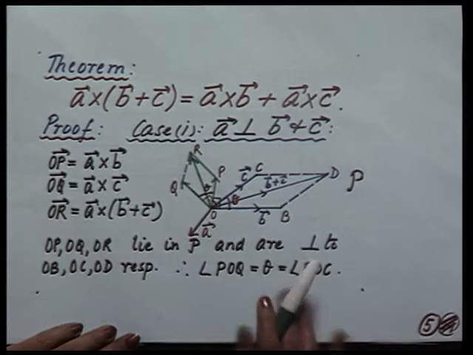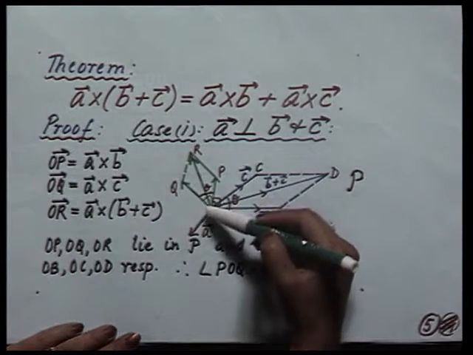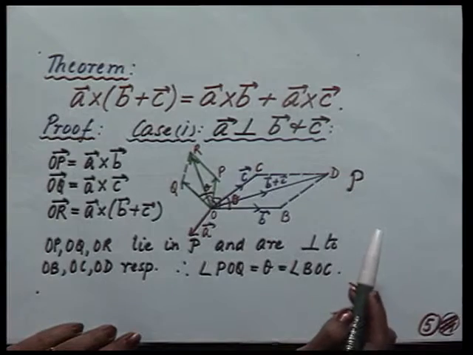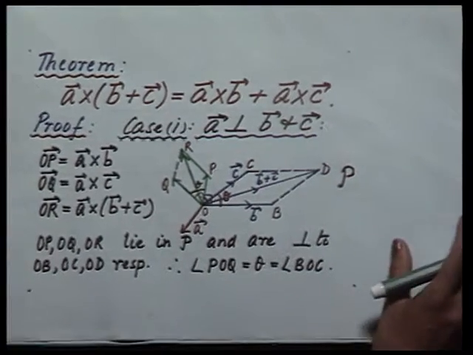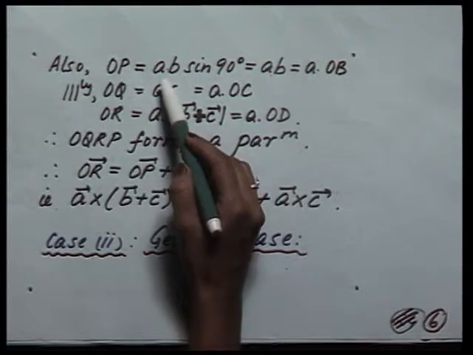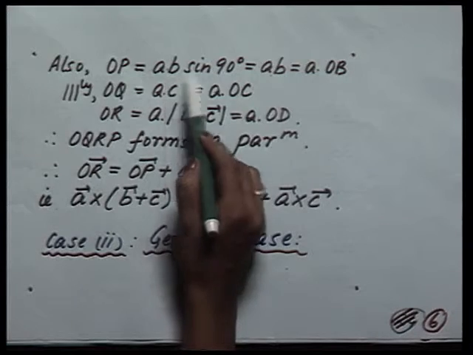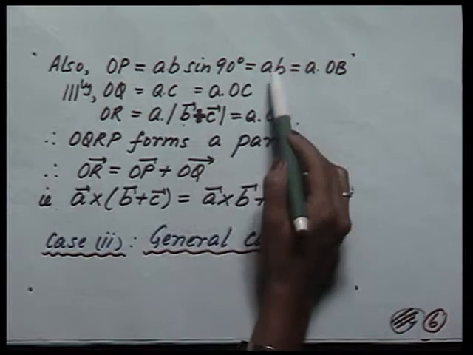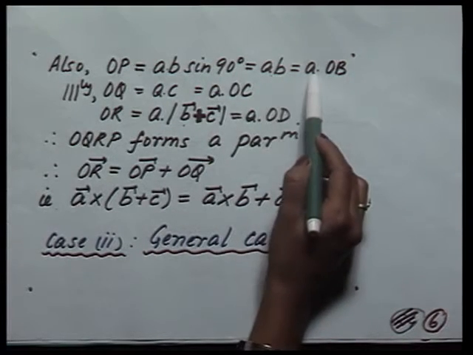And now, let us look at the lengths OP, OQ and OR. OP is the magnitude of A cross B, which would be A into B into sine of the angle between A and B, that is A into OB.